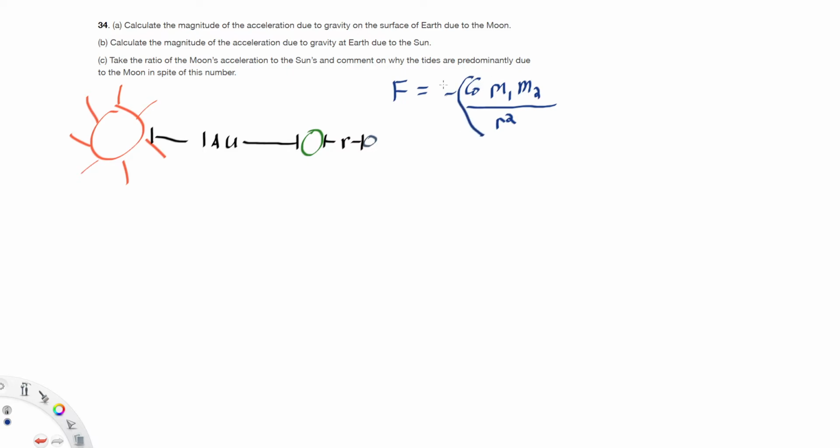And this part, G m1 over r squared, is our little g, our acceleration due to gravity. If we plug in the values for the mass of the Earth and the radius of the Earth, g comes out to be 9.8.